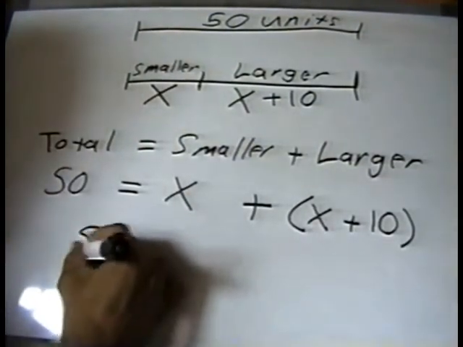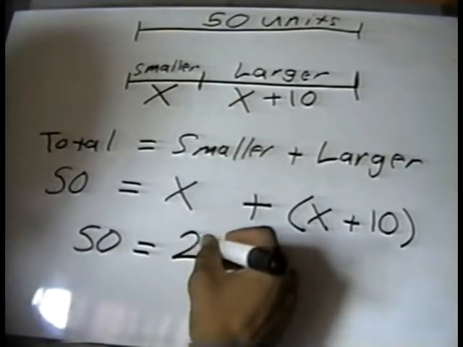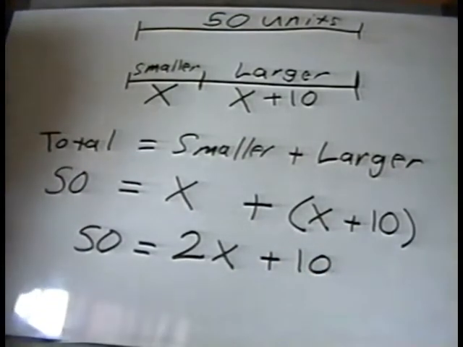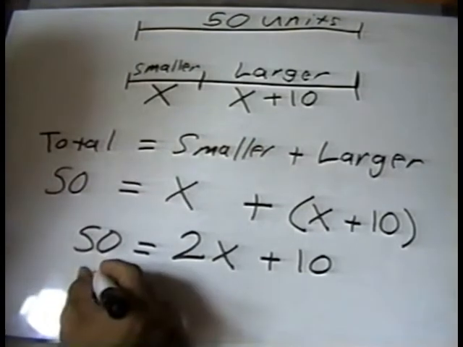Or 50 units plus the smaller, which is X, plus the larger part, which is X plus 10.